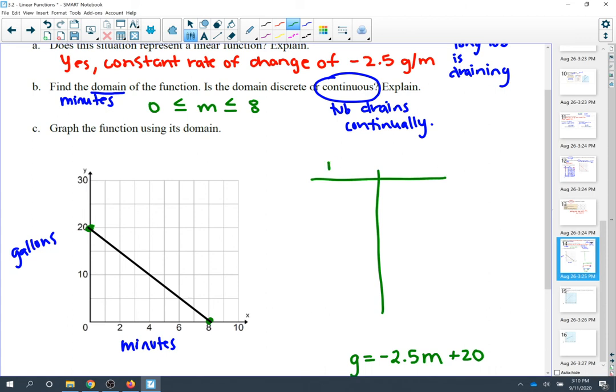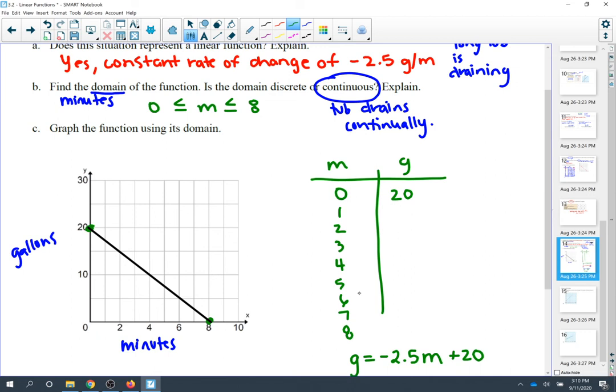So we've got our minutes, we've got our gallons. At 0 minutes of draining, we start with 20 gallons. Then we have 1, 2, 3, 4, 5, 6, 7, 8.